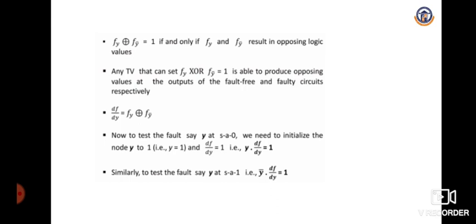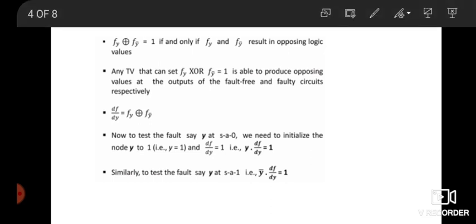So Fy XOR Fy bar equal to 1 if and only if Fy and Fy bar result in opposing logic values. This is the logic of the Boolean difference method. Here Fy XOR Fy bar equal to df by dy.